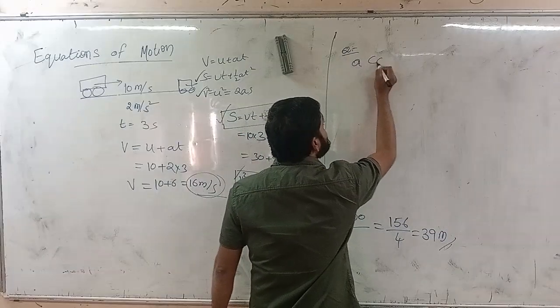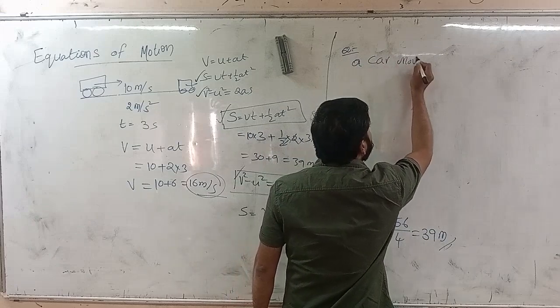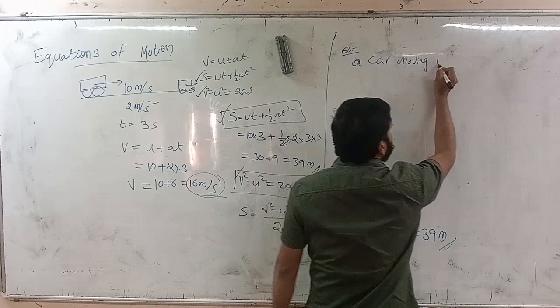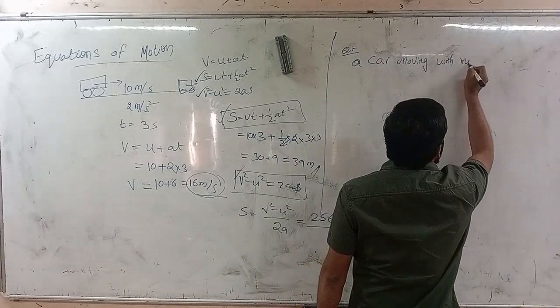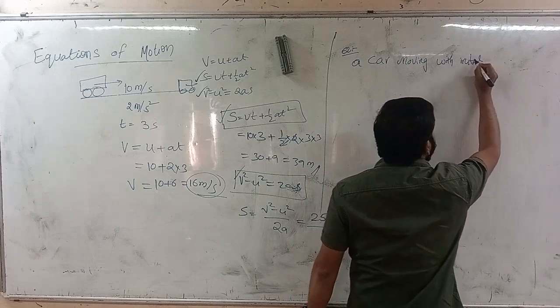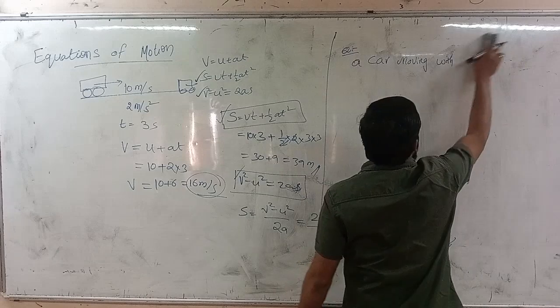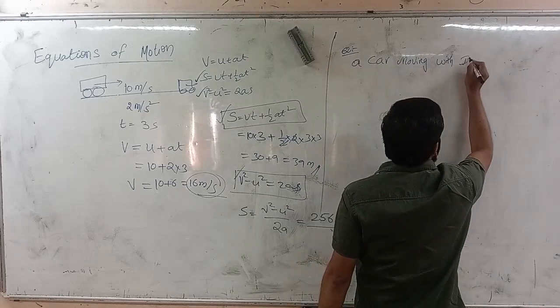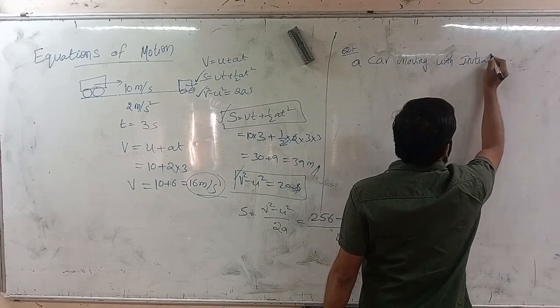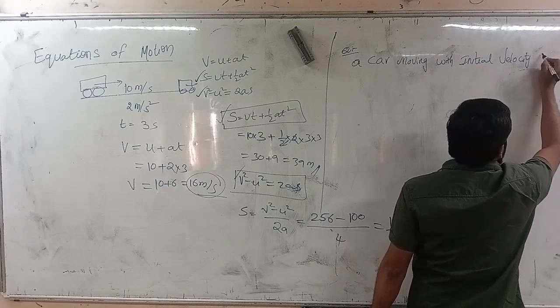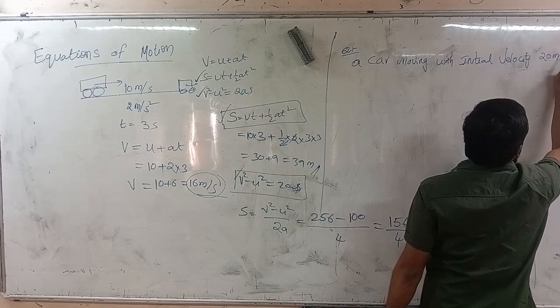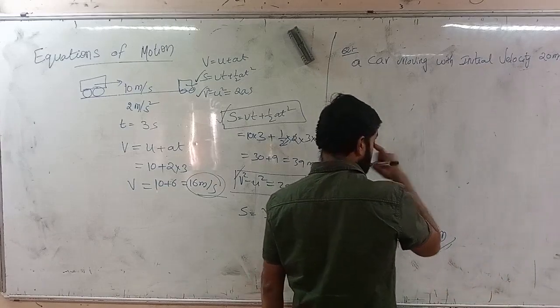So a car is moving with the initial velocity 20 meters per second.